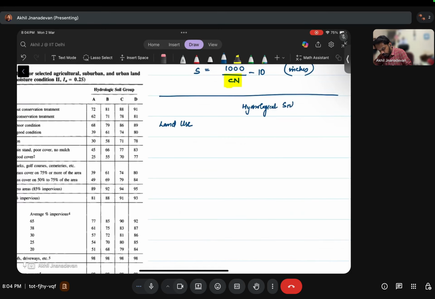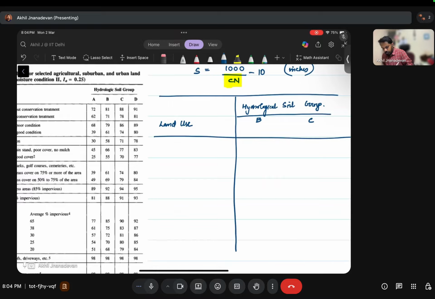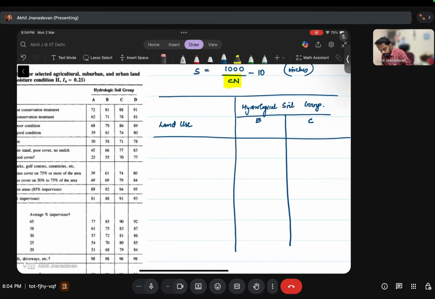We have two types of soil, group B soil and group C soil, right? Within that we can make columns for percentage area, corresponding curve number, and the product.